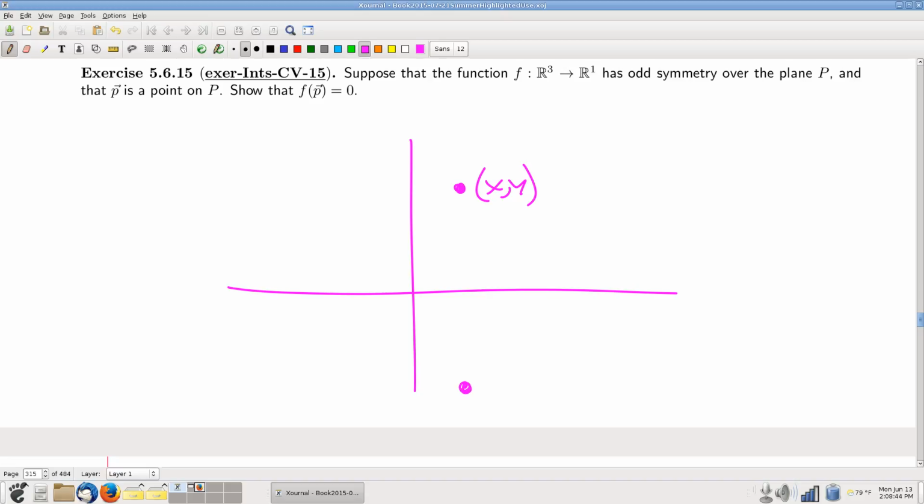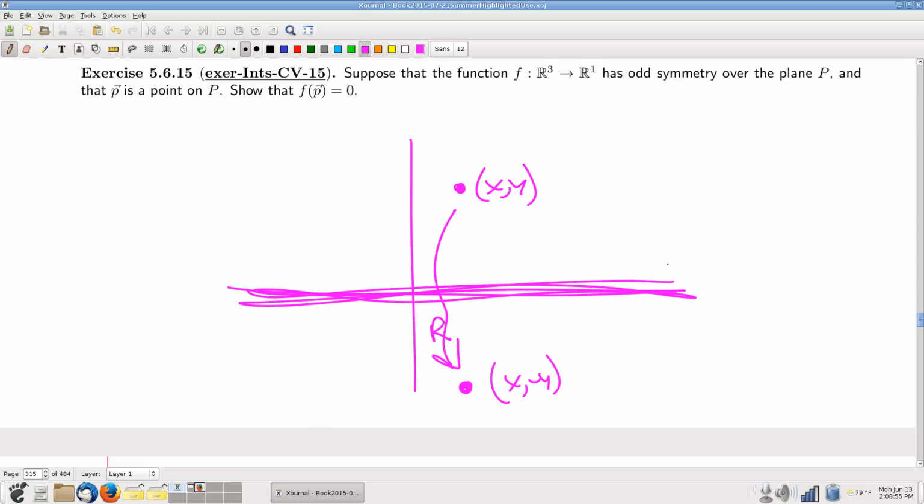Down here. So this is actually a reflection over the x-axis. Right, so R_x of (x, y) is (x, -y). Everybody good?